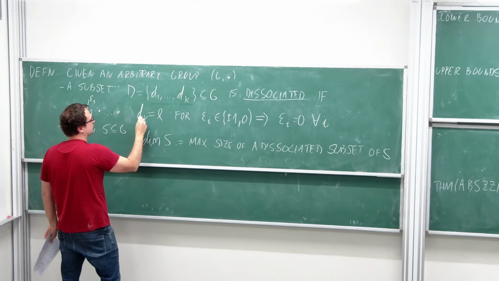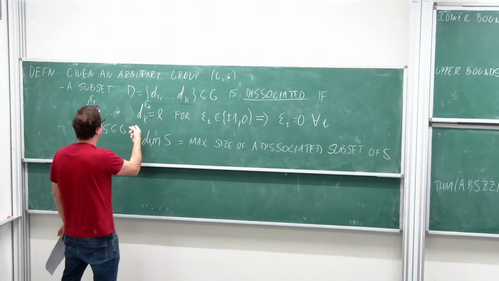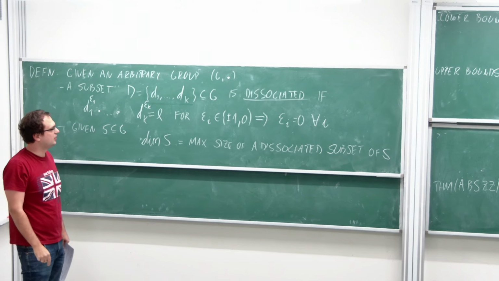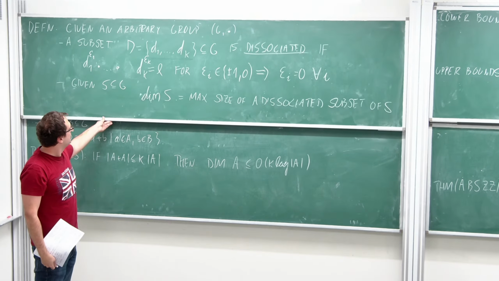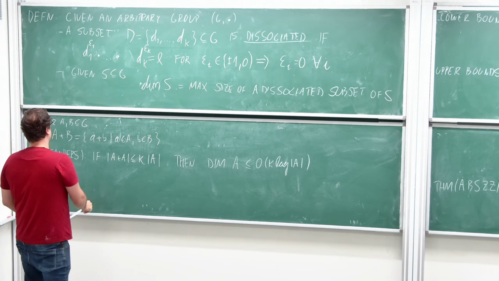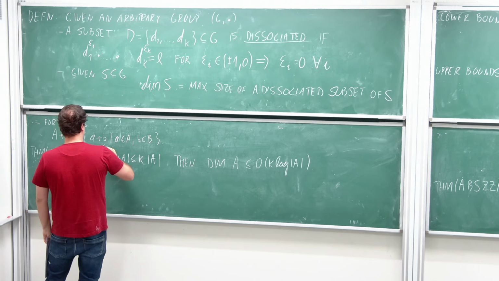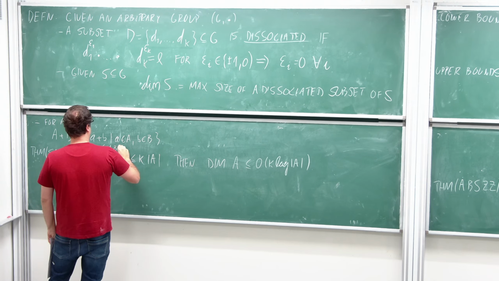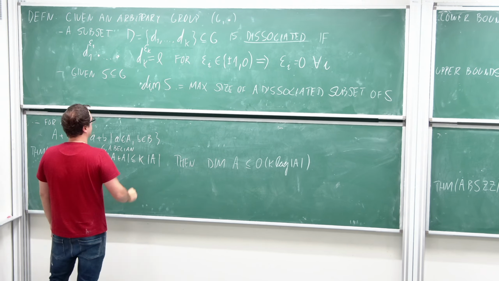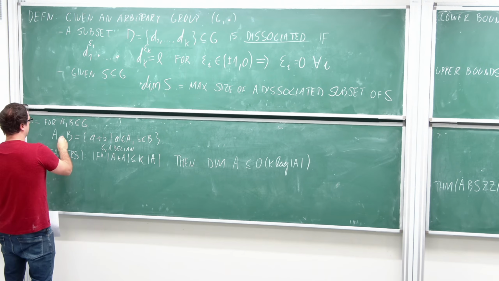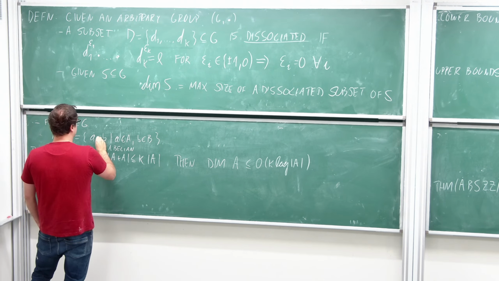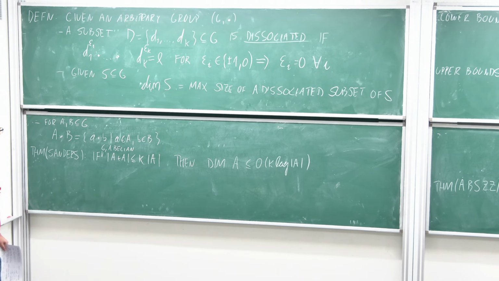This is really just changing the notation to highlight that we are no longer in the abelian world. Everything else here stays exactly the same. So now this is true. Let's put here G arbitrary. And instead of A plus B you define A times B, so it's exactly the same notions, just with a different notation.